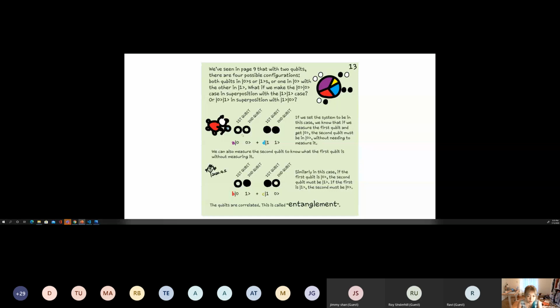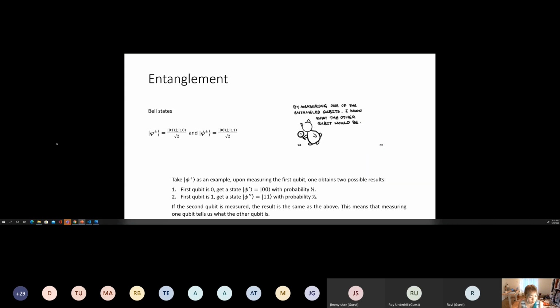You can build a situation that has the first qubit in 0 and second qubit in 0, with the superposition that the first qubit is 1 and second qubit is 1. Or you can build a case that the first qubit is 0 and second qubit is 1, with a superposition of the first qubit being 1 and second qubit being 0. If you have equal amplitudes for these states, then you can form a special state called a Bell state.